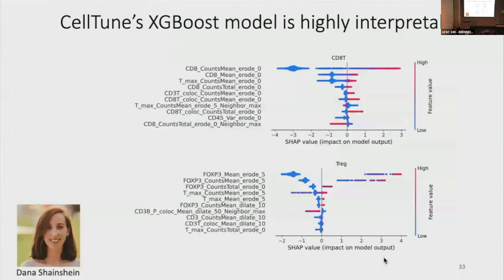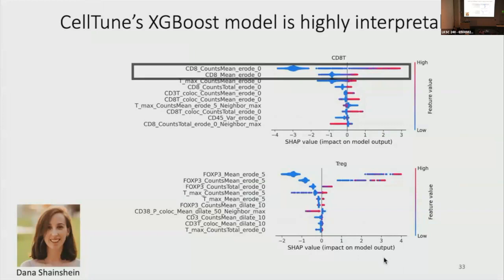And then lastly, it's really highly interpretable since we're using these XGBoost models and they're very fast, and we can see what the model is actually learning. For CD8Ts, it's obvious it's going to learn features to deal with CD8 in the segmentation, which is row 0.